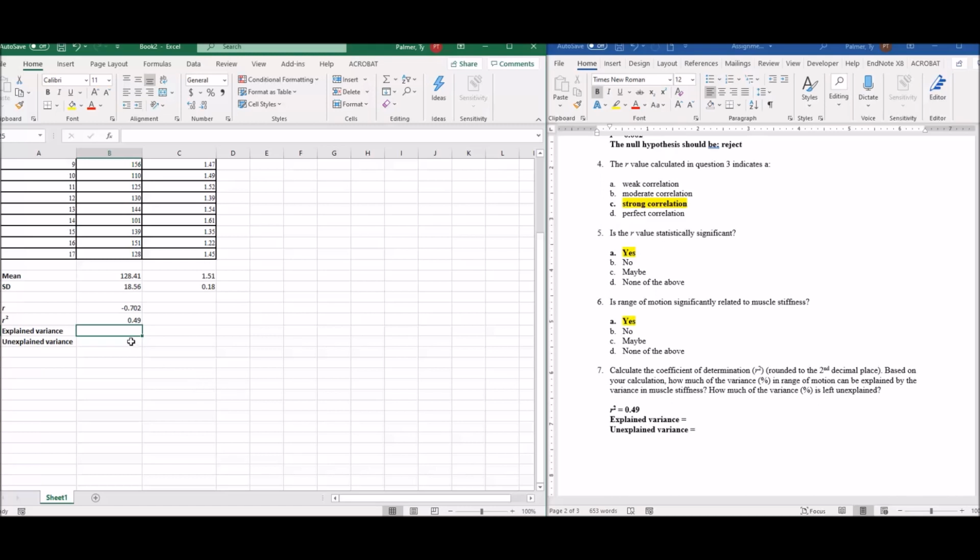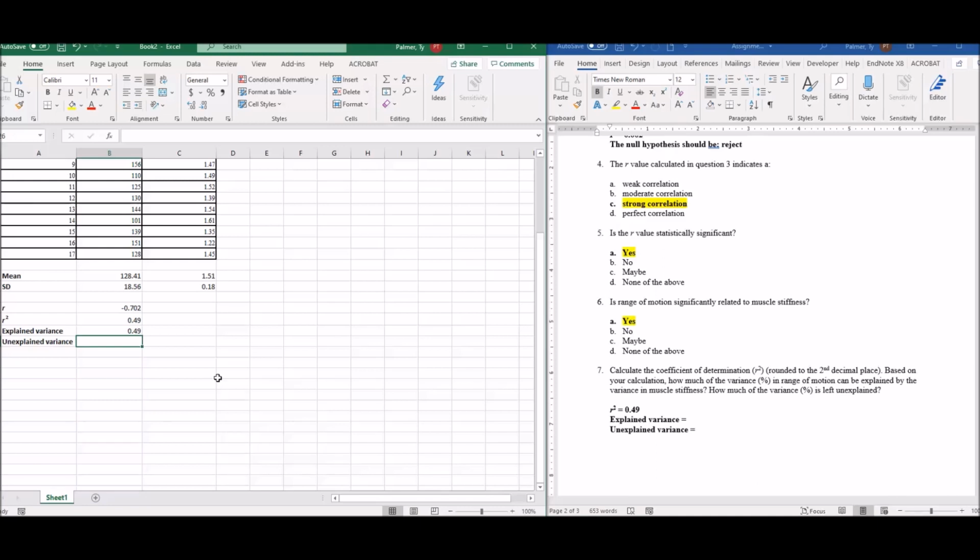The explained variance is directly associated with the coefficient of determination. And so because of that, all you have to do to calculate the explained variance, after you type in your labels here for the statistics, is go to the empty cell next to the label, click equals on your keyboard, and then click on the cell above where you calculated your coefficient of determination, and then simply click enter.